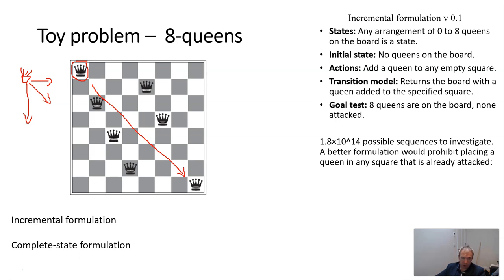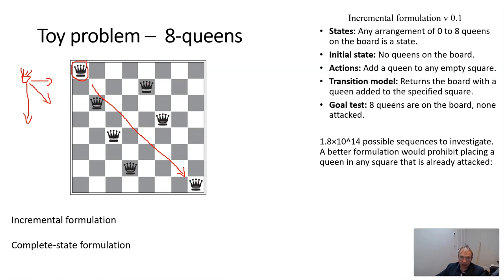First, let's go through the different environment information. The states: any arrangement of 0 to A queens on the board is a state. So you have to place 8 queens on a board. The initial state is that no queens are on the board. Our action is we can add a queen to the board. The transition model returns the board with a queen added to the specified square.